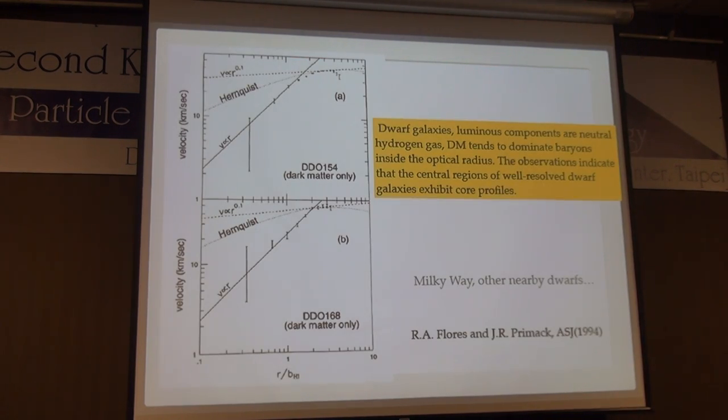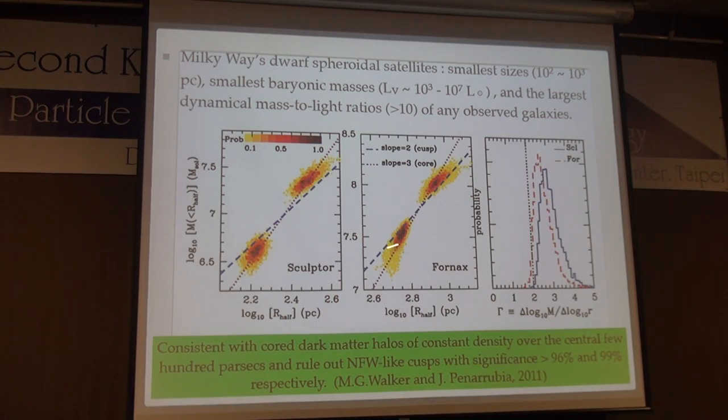But what we observe from the sky, for small scales, is that the dark matter density is around constant, r to the zero rather than r to the minus gamma. People worry about uncertainty from the sky, so they use the Milky Way, which is nearby, and choose small galaxies dominated by dark matter, to suppress the uncertainty.